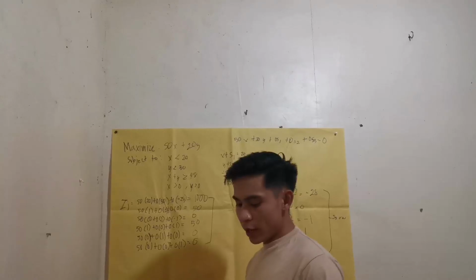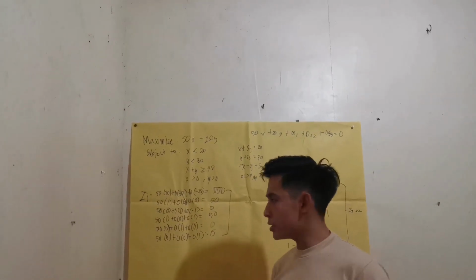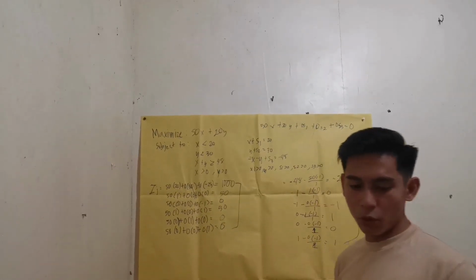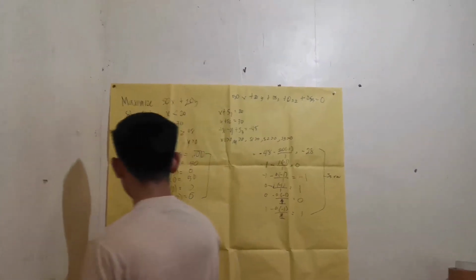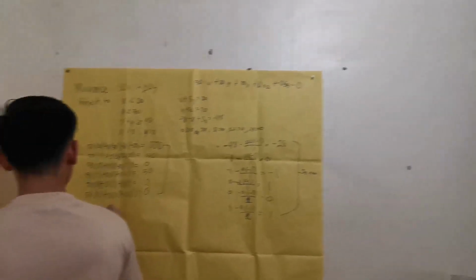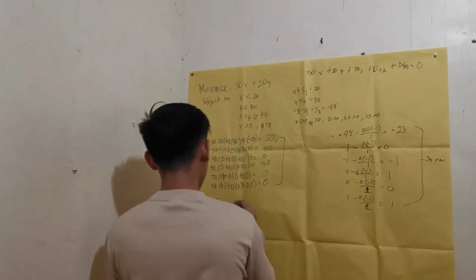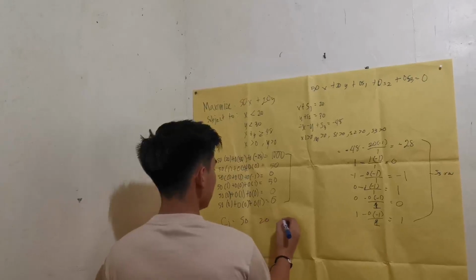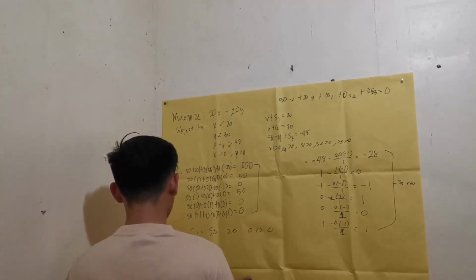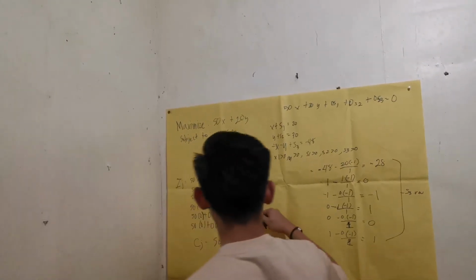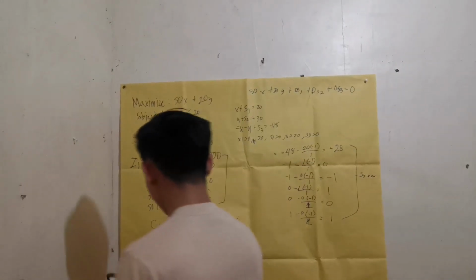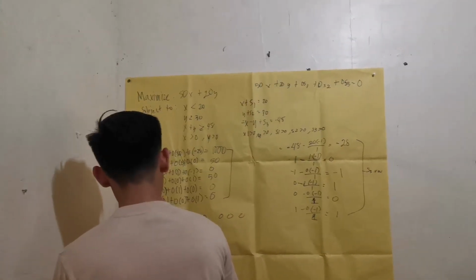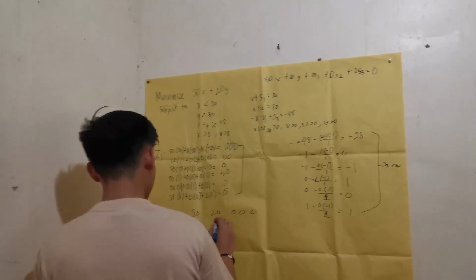To get the c sub j minus z sub j, we take the c sub j on top, which is 50, 20, 0, 0, 0. Then the z sub j, from the second to the last value, is 50, then 0, and 50, 0.